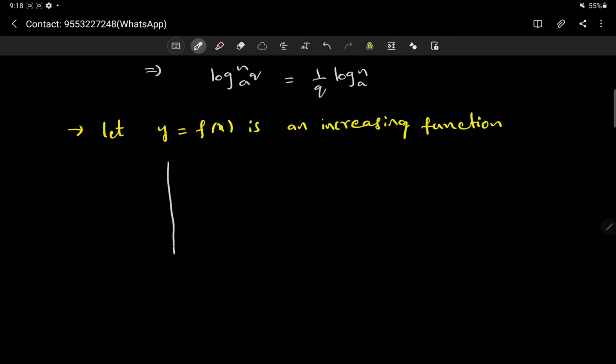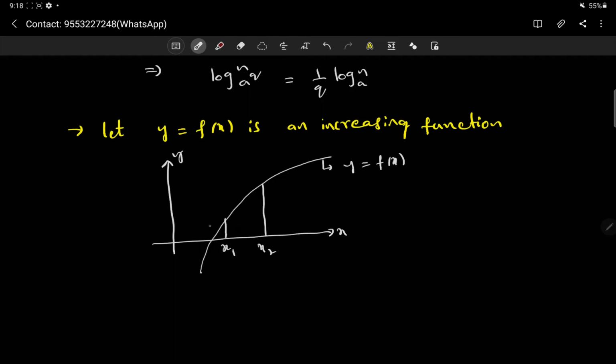Suppose this is y axis and this is x axis. On x axis we will give x values and on y axis we will give y values in general. Suppose the graph of y is equal to f of x will be like this. Here I am giving some x values. This is x1 and this is x2.